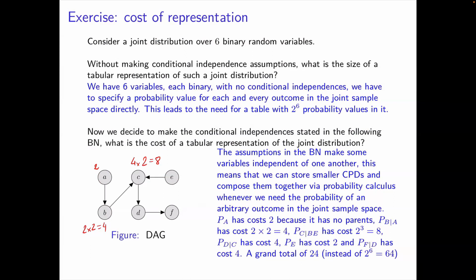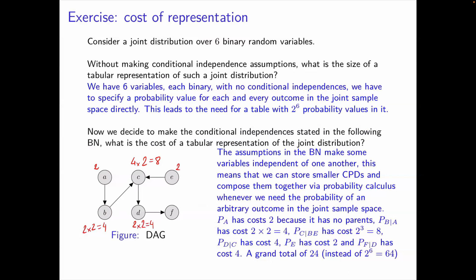D has a single parent, which is binary. So 2 CPDs of the kind D given C. D is itself a binary variable, so 2 possible outcomes. That makes 2 times 2 equals 4. And E doesn't have parents. E is binary, so we need 1 probability distribution with 2 probability values in it.